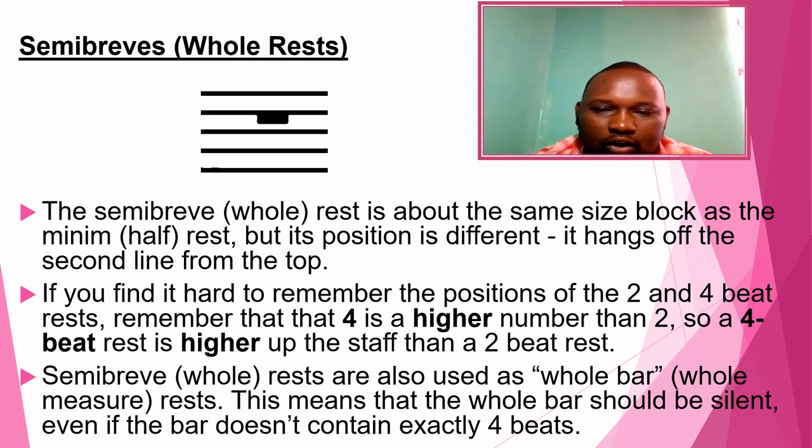Semibreve rests are also used as whole bar or whole measure rests. If it is put on the whole bar, it means that the whole bar should be silent, even if the bar doesn't contain exactly 4 beats.